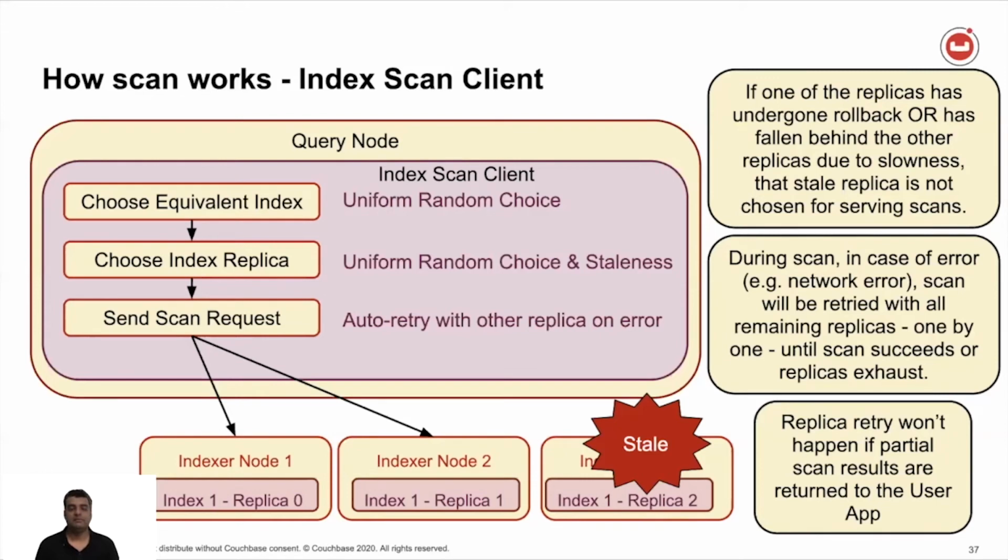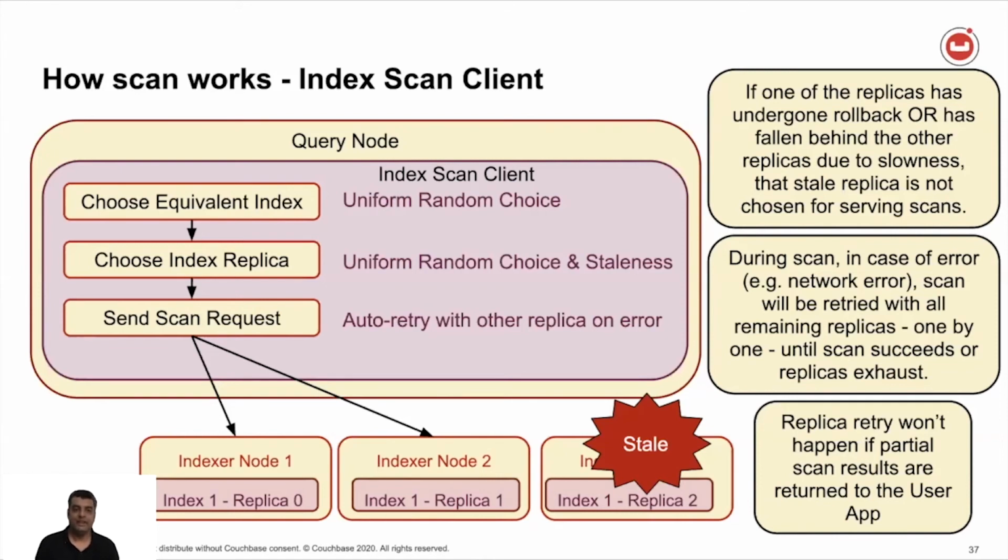So if there is more than one index with a different name, but everything else the same, for example, all the fields and the order in which these fields are mentioned while creating the index, then the index is called an equivalent index. Now, the index scan client will choose an equivalent index to serve a scan. This step is useful in uniformly distributing the scan load across multiple indexes.